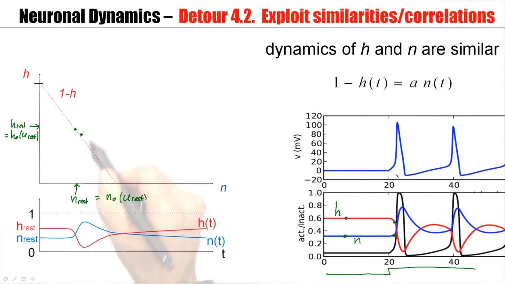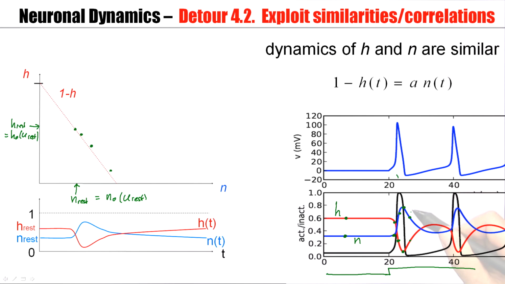This might be this point here. Then, a little bit later, H has gone down even further. N has gone up even further. So this might be this point. A little bit later, H goes through a minimum. At the same moment, N goes through a maximum. And then they move down again, together.